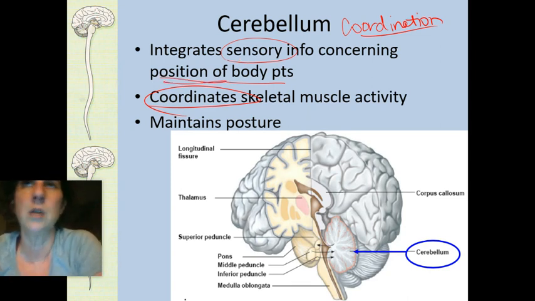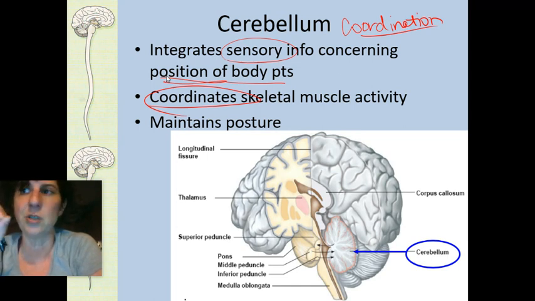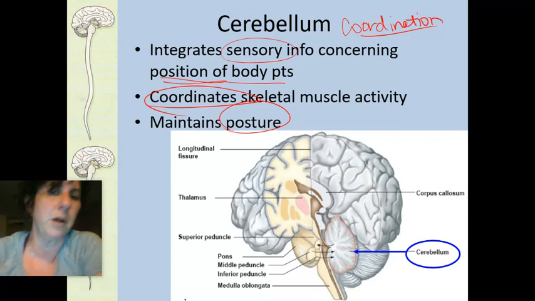So you have these little sensors in your muscles and your tendons, and we'll come back and talk about those, that send information to the brain at all times and say, hey, my arm is at this 45-degree angle, or my legs are straight, or whatever position those muscles are in, and how much tension is on those muscles and tendons. So that when I go to make a movement, I really have an idea of where my body parts are, and I can move and make adjustments to that.